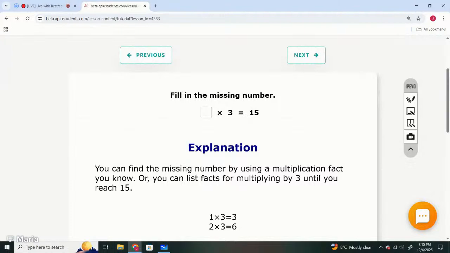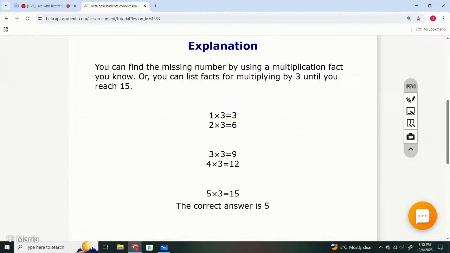So which is the correct option? 5 times 3 is 15, right? 5 times 3 is 15.